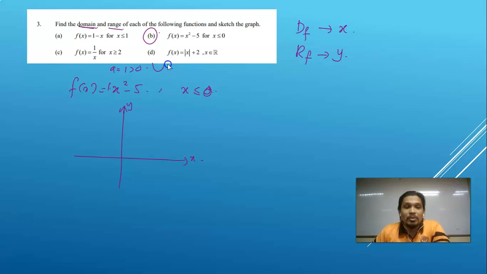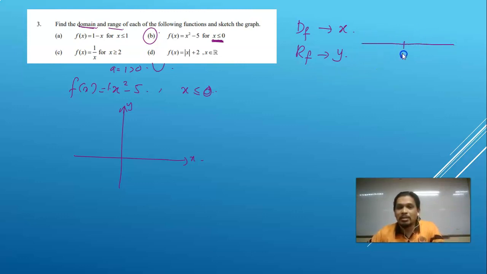Because the question wants us to find the domain and range, class, when they give you this function, the general value of x that can be used in x squared minus 5 so that the function is defined is all values of x from negative to positive infinity.